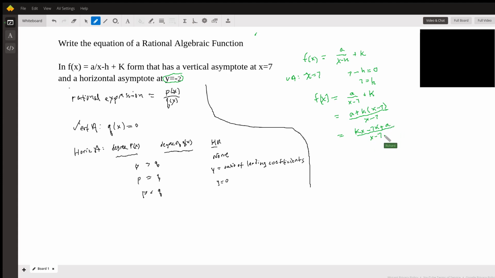And here you can see the denominator is linear also. The slope is 1 here, the y-intercept is -7. So we have the same degree. The degree of the numerator is 1 and the degree of the denominator is 1.